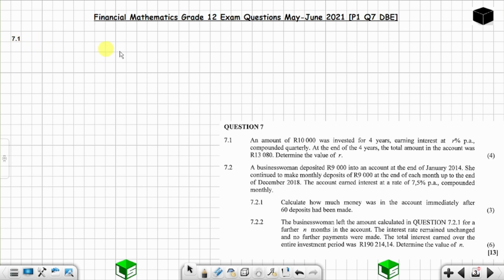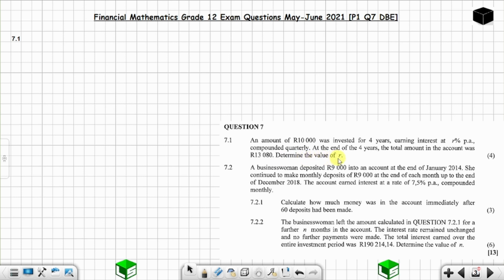7.1. An amount of 10,000 rand was invested for 4 years, earning interest at R% per annum, compounded quarterly. At the end of the 4 years, the total amount in the account was 13,080 rand.